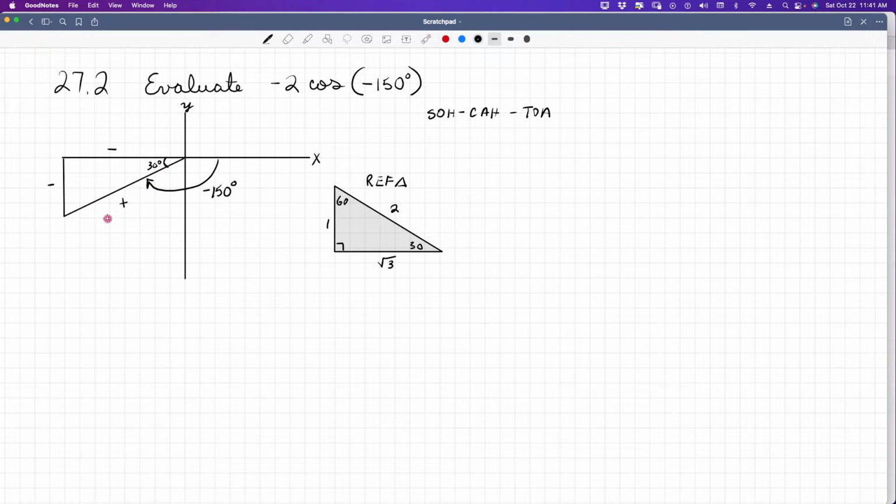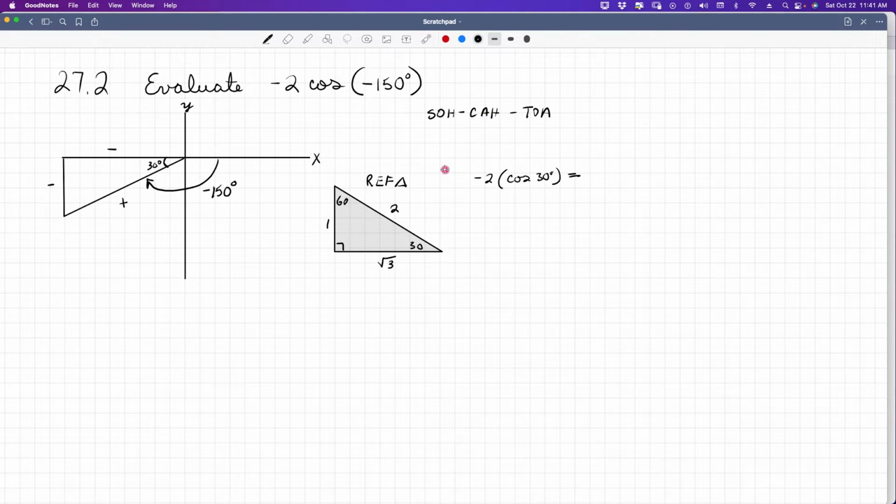Boom. So now we can find the cosine of this 30 degrees here. So this would change to negative 2 times the cosine of 30 degrees. So we have our reference SOHCAHTOA. That's going to be the adjacent over the hypotenuse.